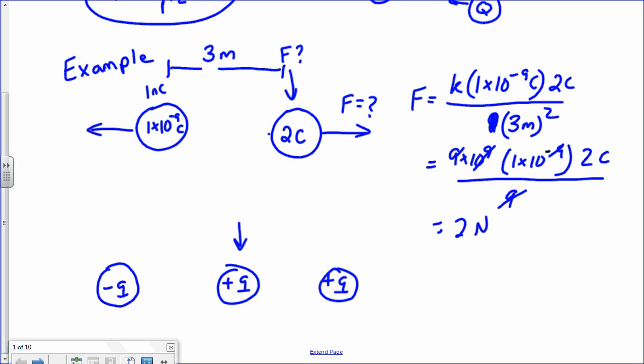Well, first of all, I want to ask myself, what is the direction of the force? Would the direction of the force on that charge be to the left or to the right, or would there be no force at all? And to answer that question, you want to ask yourself, what is the direction of the force given by each individual particle?